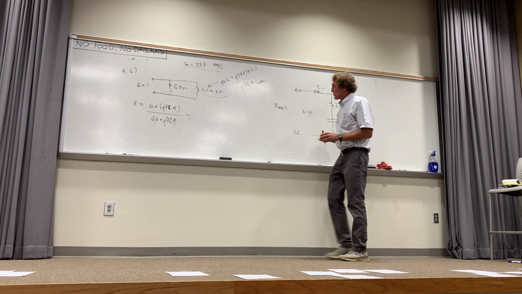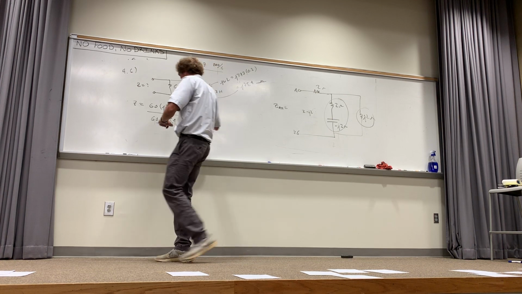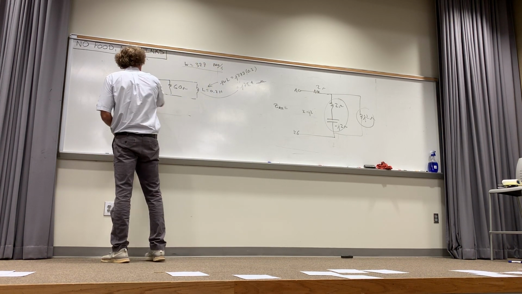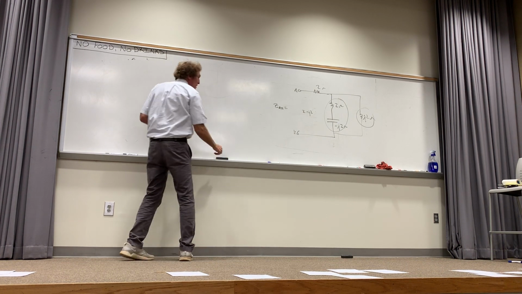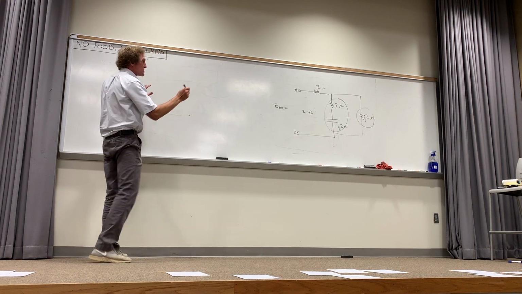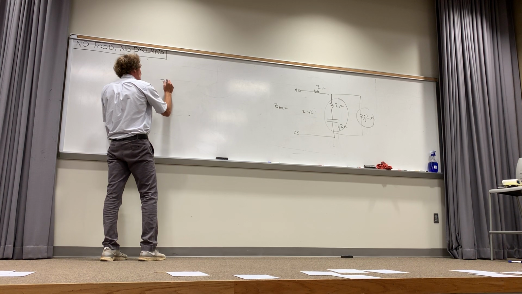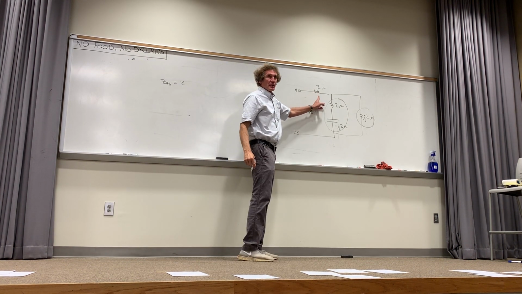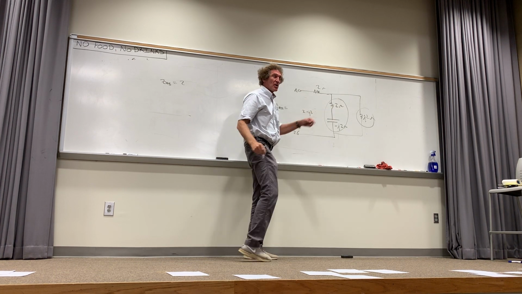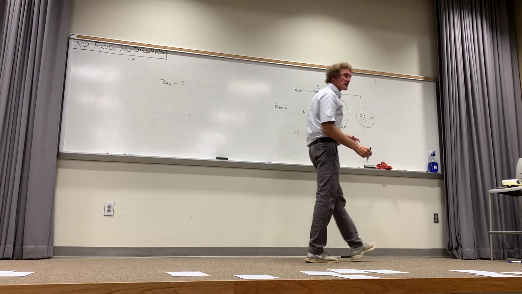All right, so what is the equation for this going to be? Well, here, I'm going to start by saying Zn, or ZAB, would be equal to 2. That's that. Then I'm going to add the parallel combination of those two. And the way I'm going to do it is this.